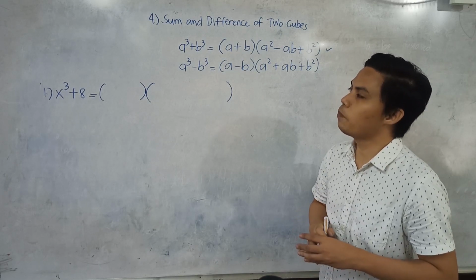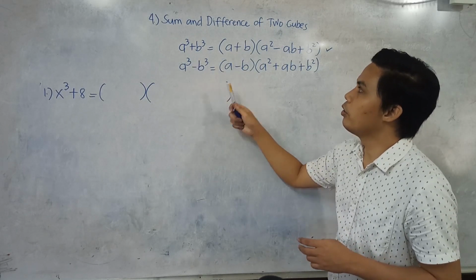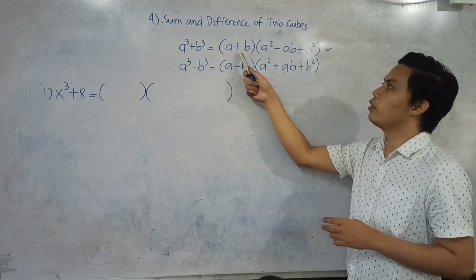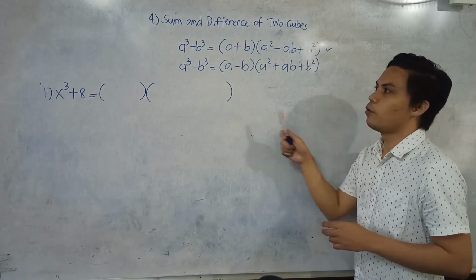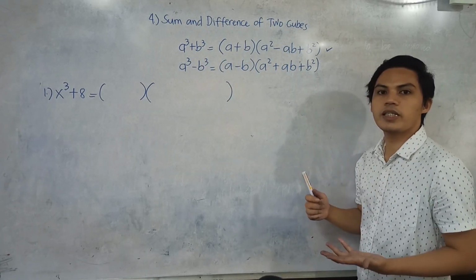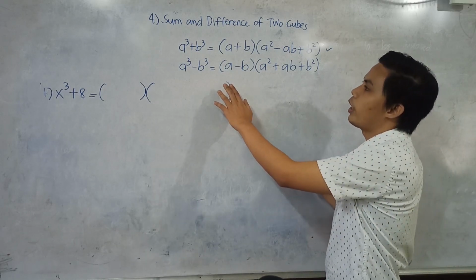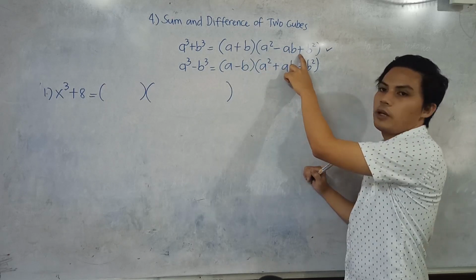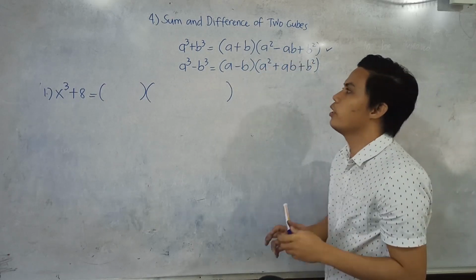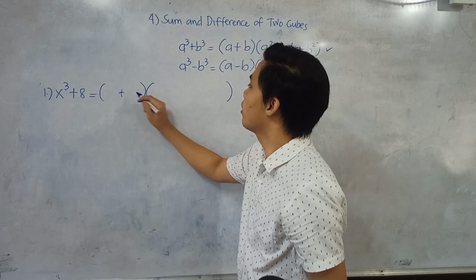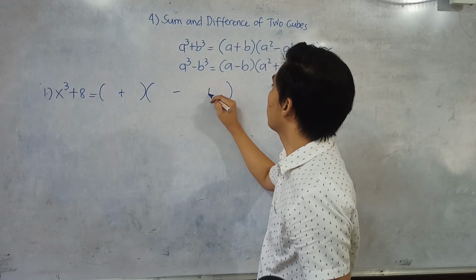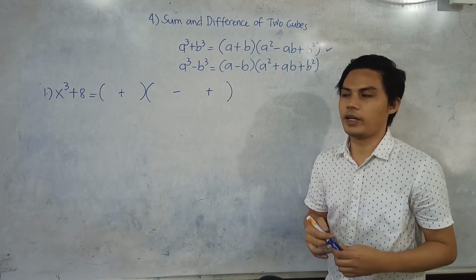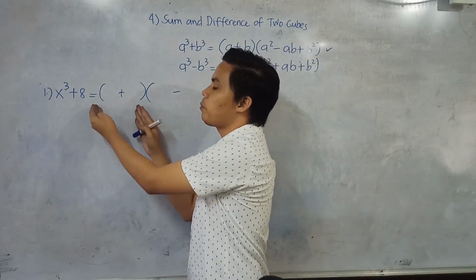Kung papansinin niyo, kung positive yung given natin, yung signs natin ay consistent. So, kung positive, para mas madali sa atin, you just need to write first the sign. So, the signs should be plus, minus, plus. Okay? So, we have plus, minus, plus.